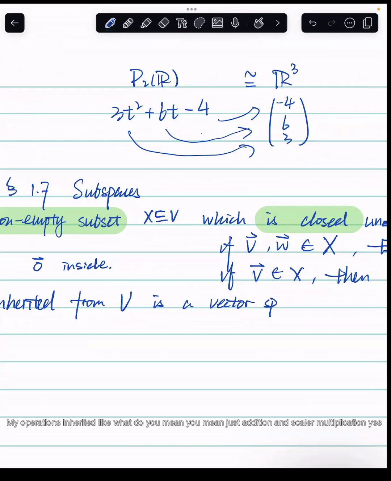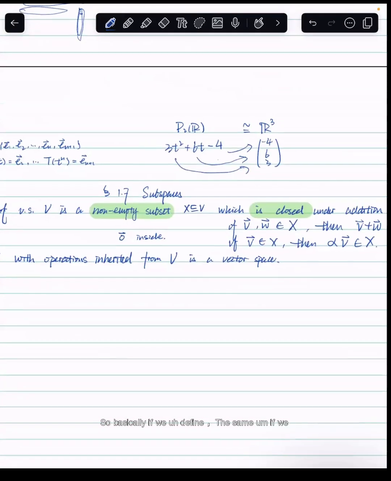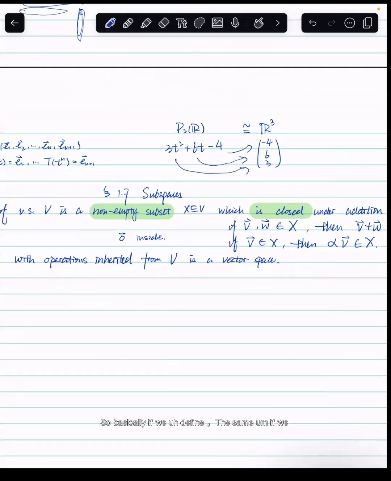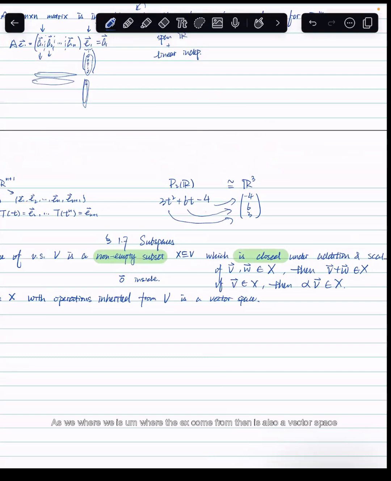By operations inherited, like what do you mean? You mean just addition and scalar multiplication? Yes. So basically, if we define the same addition and scalar multiplication as V, where V is where the X comes from, then it's also a vector space.